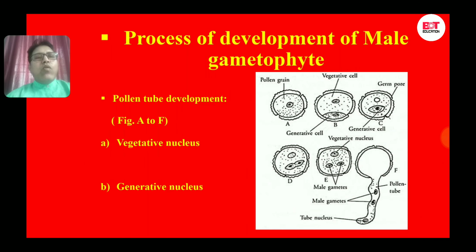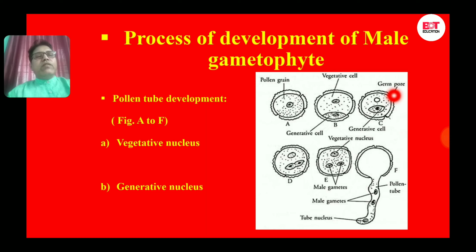Now let us see how the development of the male gametophyte takes place, as shown in this figure, starting from figure A. Here this is a pollen grain. As I just told you, this is the vegetative cell and this is the generative cell. This is the germ pore, which is present within the outer exine wall and the inner intine wall.